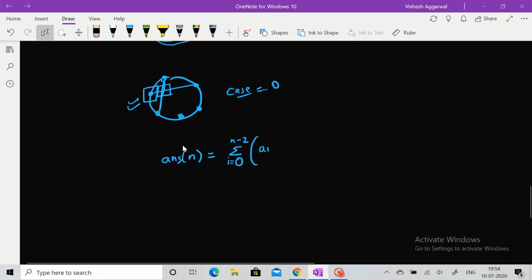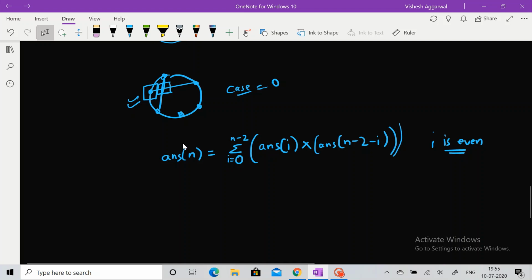And recursively we have asked the answer for I points on the left side and n minus 2 minus I points on the right side, where I is even, because when the number of points on any of the sides is odd, the answer will be 0.